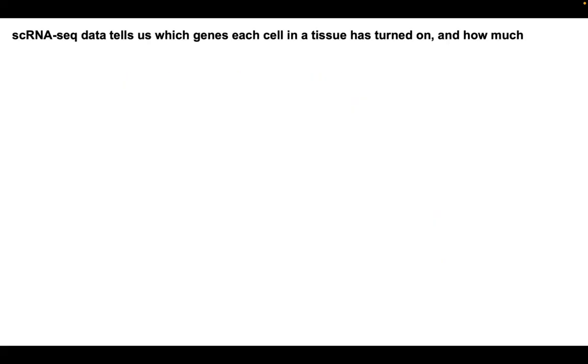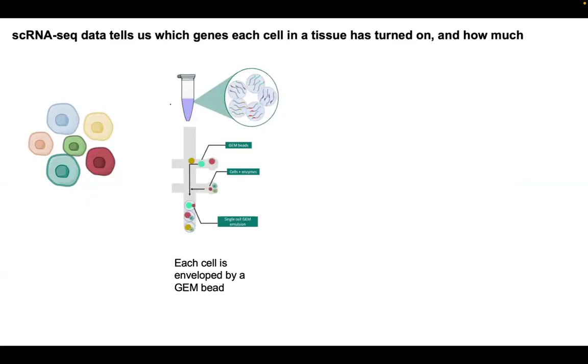So single cell RNA sequence data tell us which genes a cell in a tissue has turned on, and how much. For example, this is your tissue, and we pre-process it such that cells are separated, and we put in the gel beads so that each cell is enveloped by a gel bead.